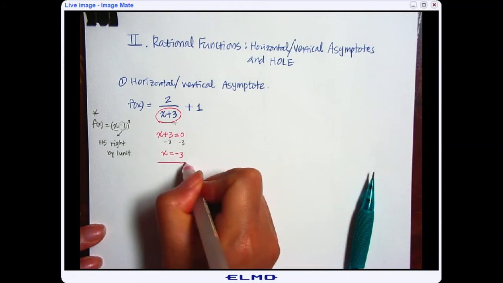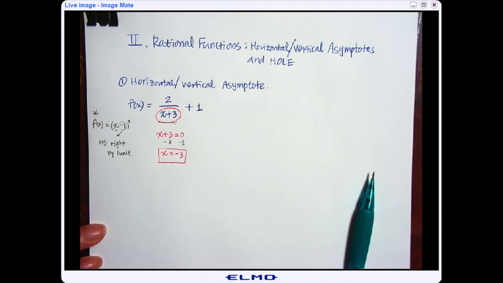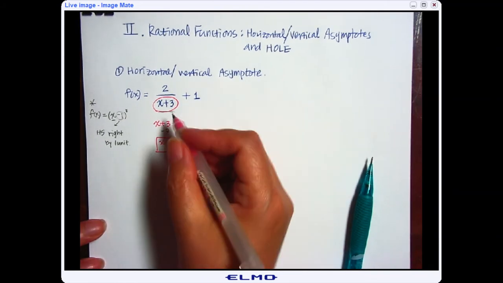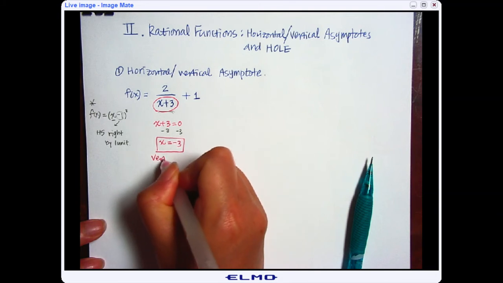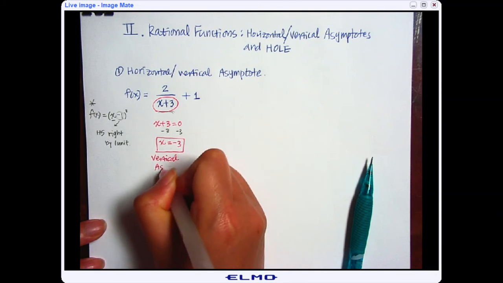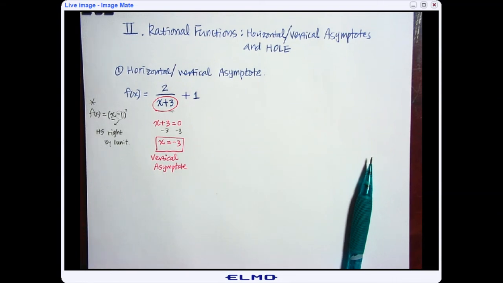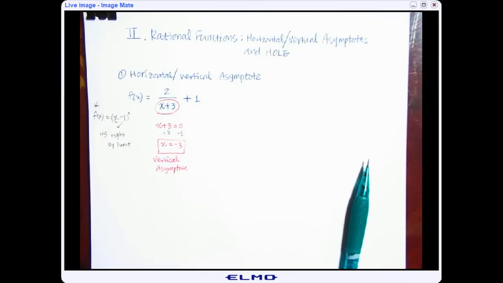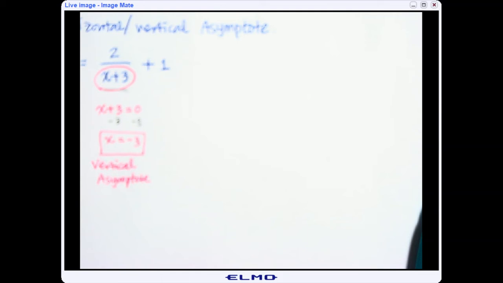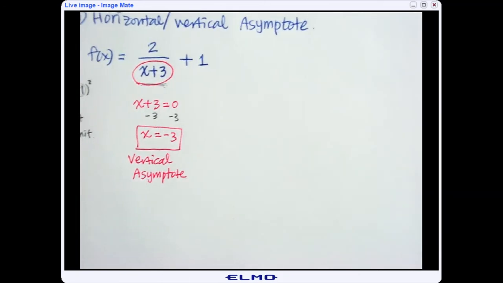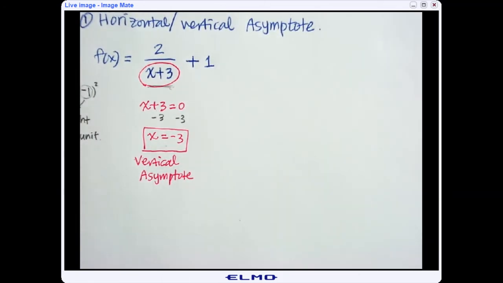Then this x equals -3 by itself automatically becomes vertical asymptote. So as a graph, x equals -3 will be a vertical line passing through x value -3, then you can imagine that works as vertical asymptote on the quadrant.